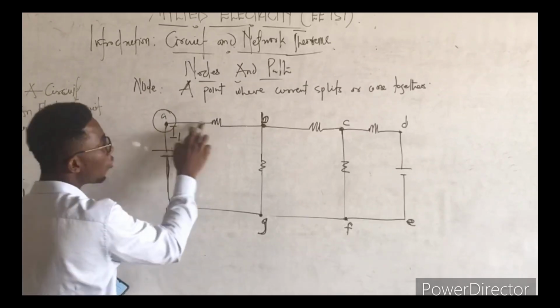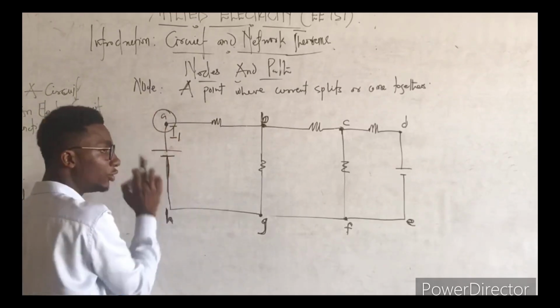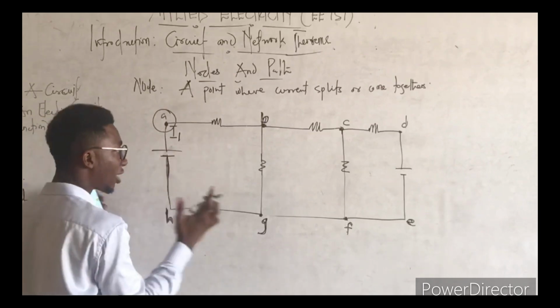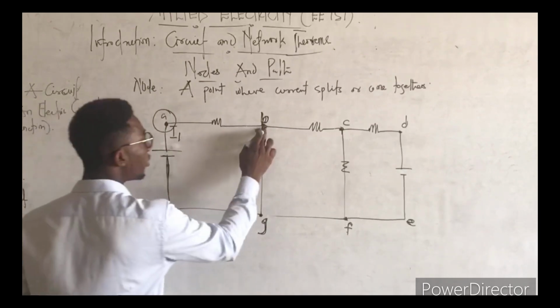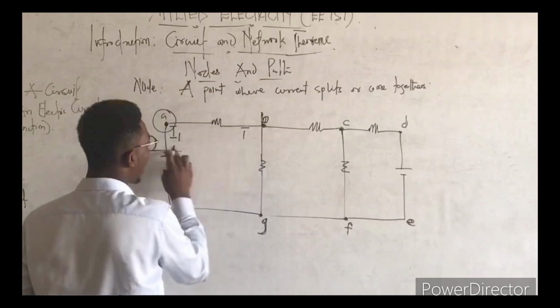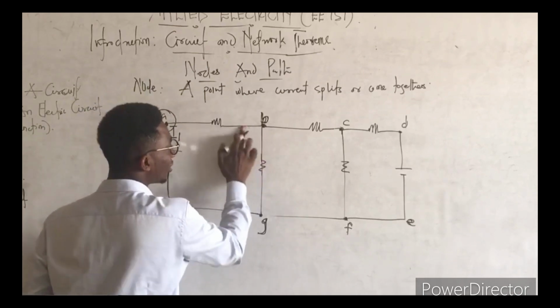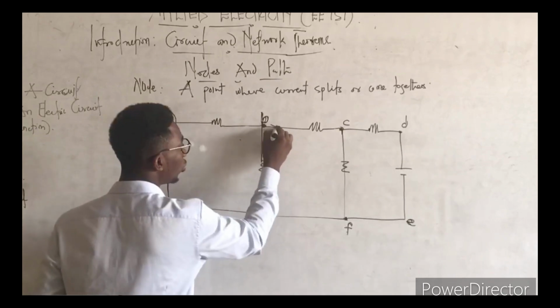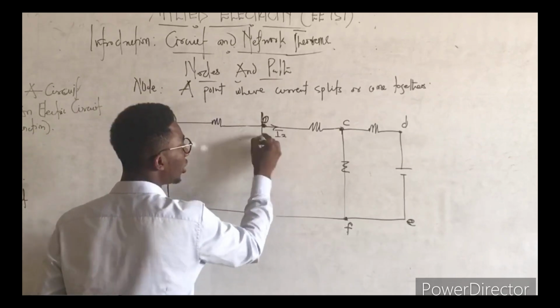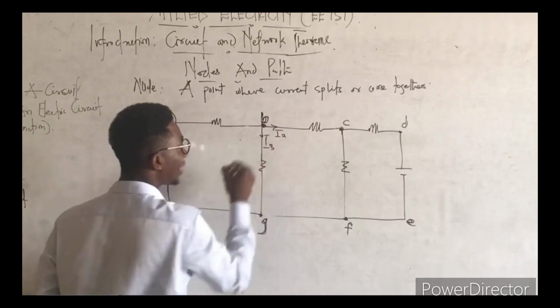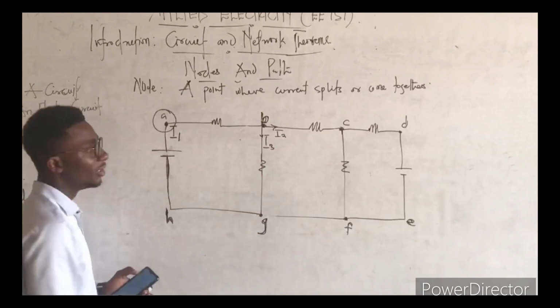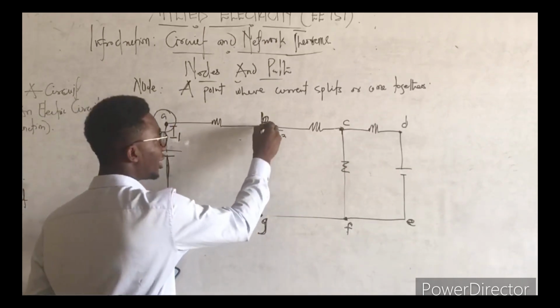It's the same current that will always go through A. There's no current split or coming together. But when we get to B, the current I1 that is coming to B will now split into 2. So we now have current I2 and some amount of current, let's say I3, also going towards B. So at this point B, there is a current split.